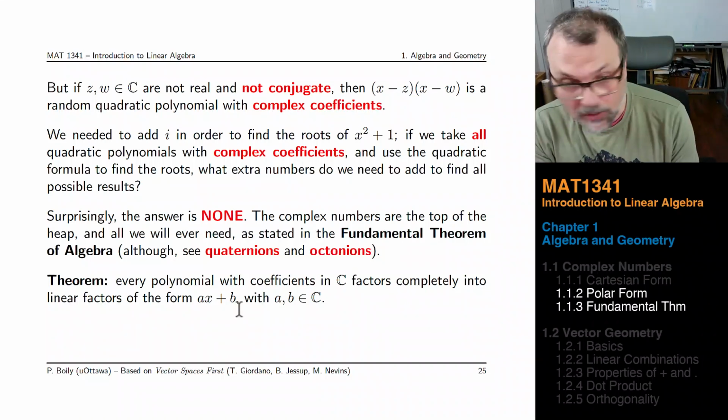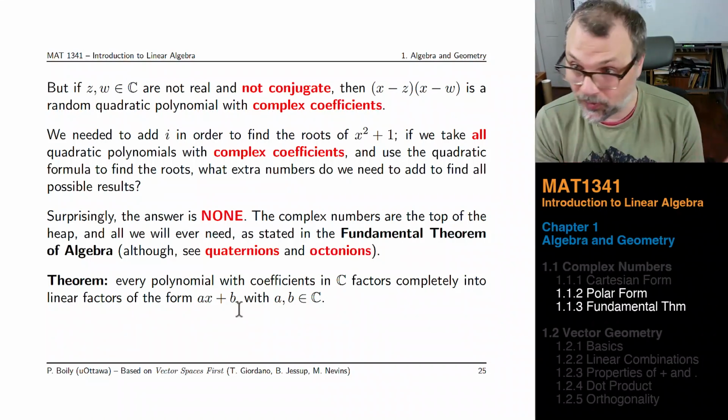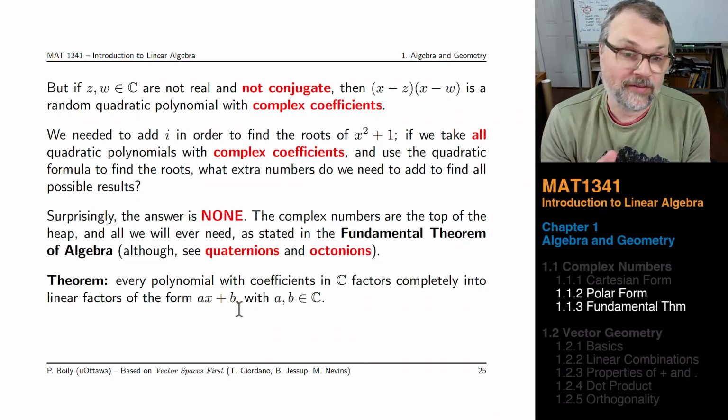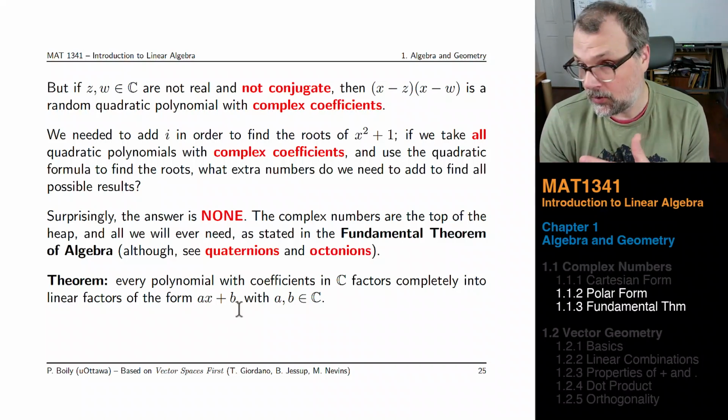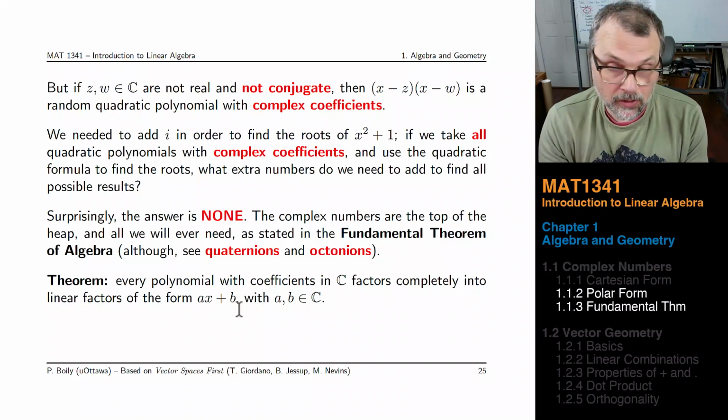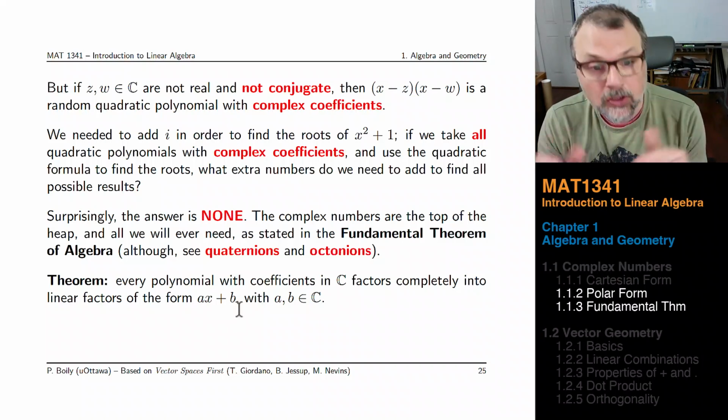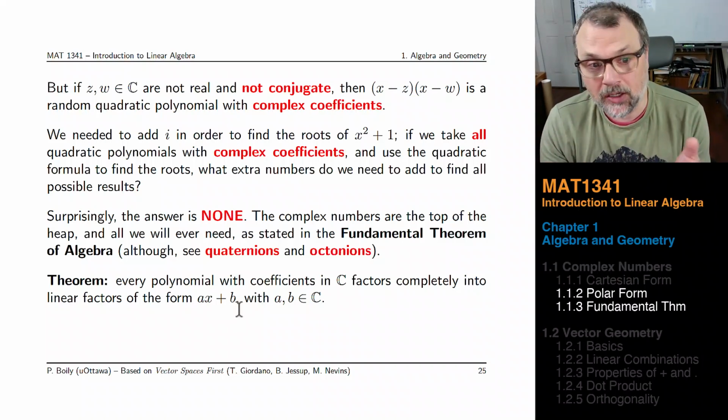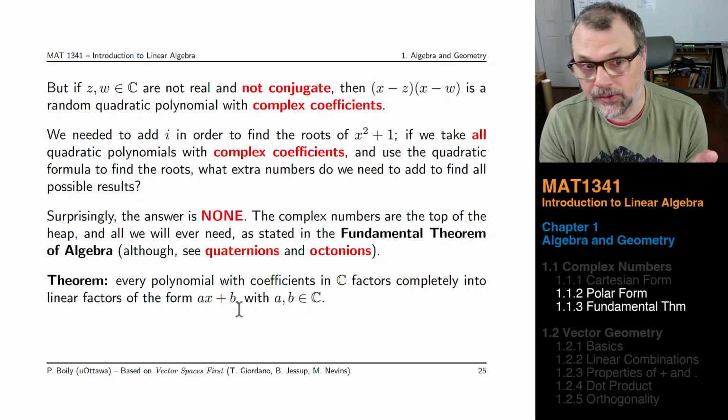Just as the complex numbers are a superset of the real numbers, we have something called the quaternions, which are a superset of the complex numbers, and the octonions, which are a superset of the quaternions.